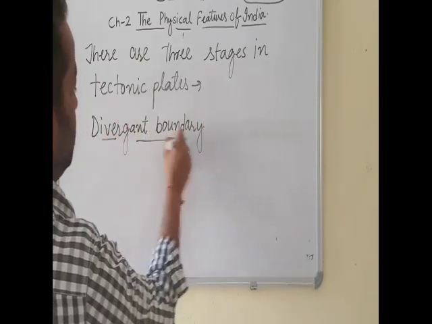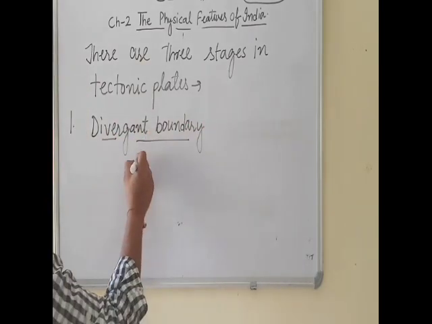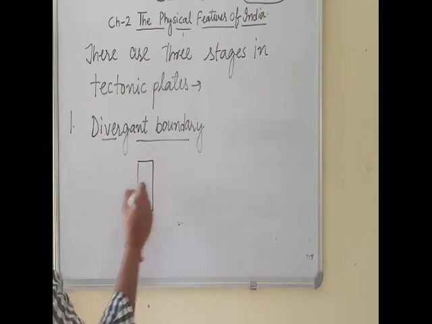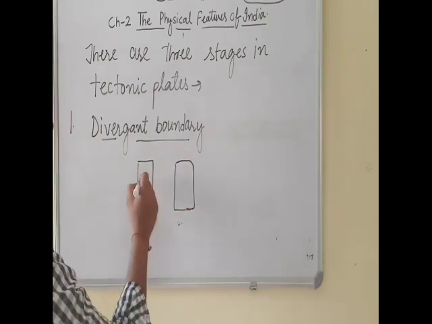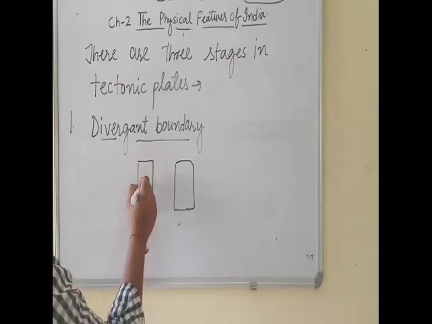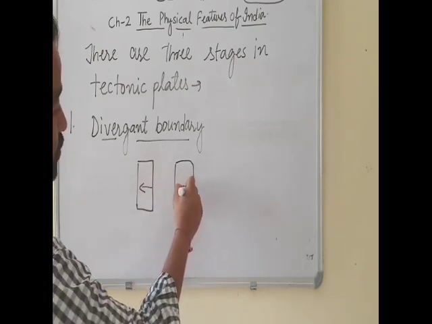Okay, so here I am going to draw a diagram. So divergent boundaries. Here I am marking two arrows.